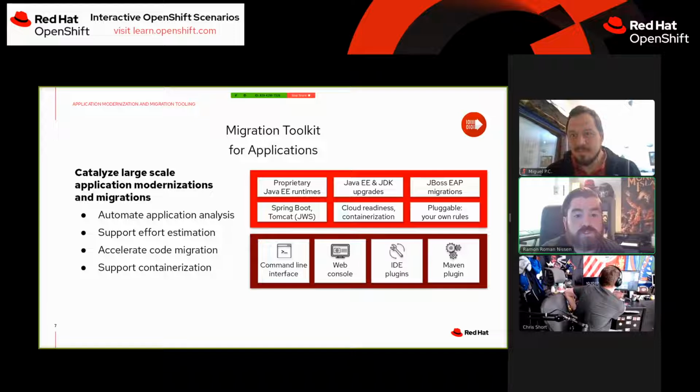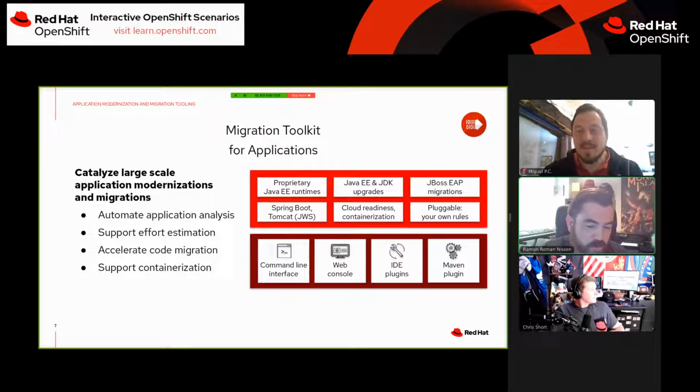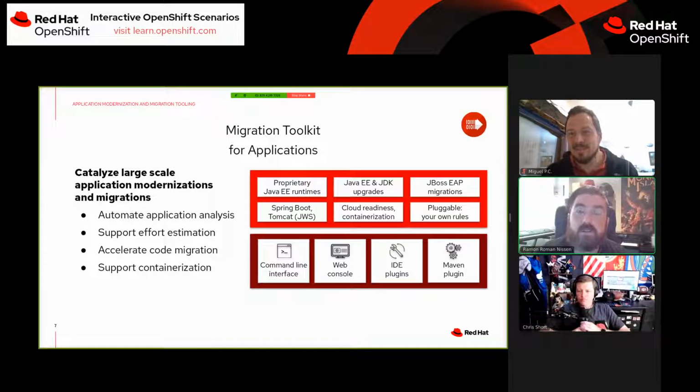So we used MTA to help us identify any potential risks that might arise during that migration. And also to determine if these applications were actually cloud ready, because I've seen things you wouldn't believe related to cloud readiness in supposedly cloud-ready applications. So it helped to mitigate the risk of the migration itself.